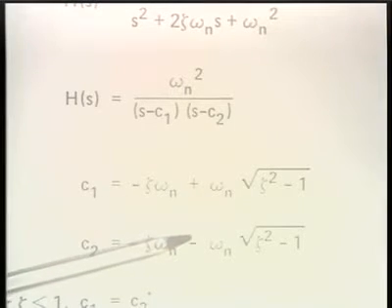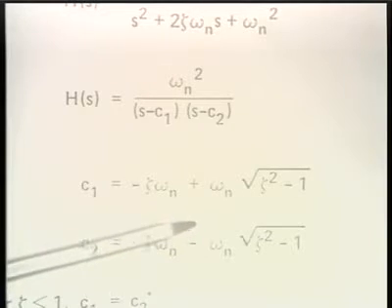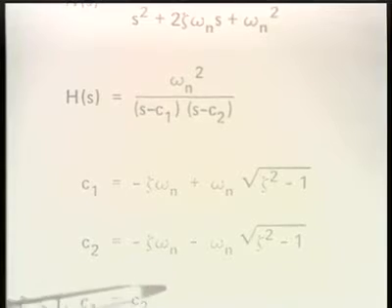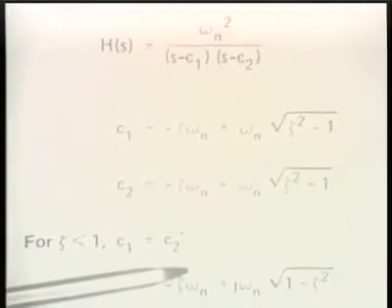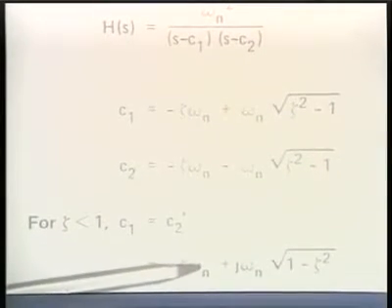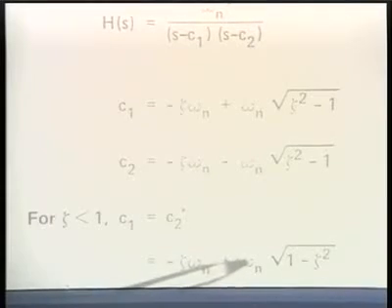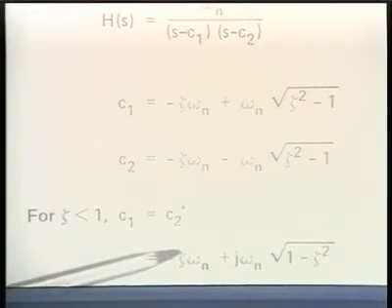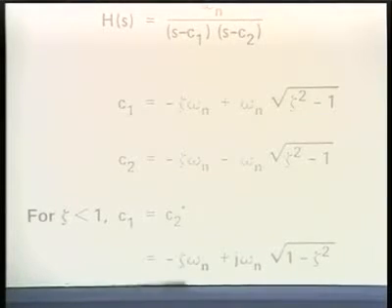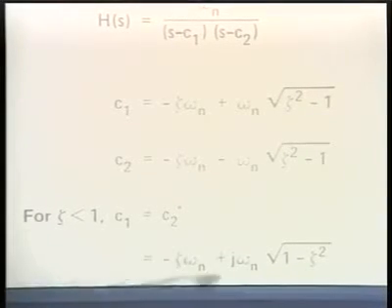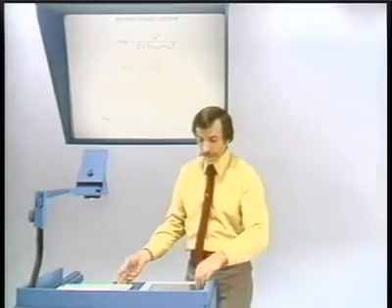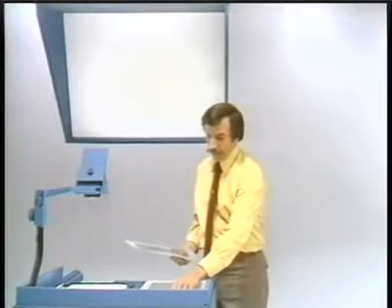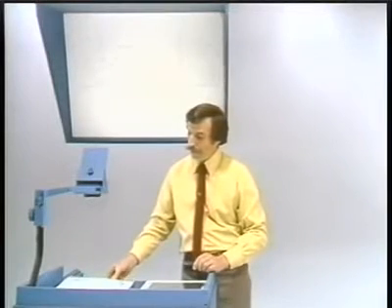If I were to rewrite this and express it in terms of j, or the square root of minus 1, looking below, we'll have a real part, which is minus zeta omega sub n, and an imaginary part, which is omega sub n times this square root. So that's for zeta less than 1, and for zeta greater than 1, the two roots, of course, will be real. All right, so let's examine this for the case where zeta is less than 1.